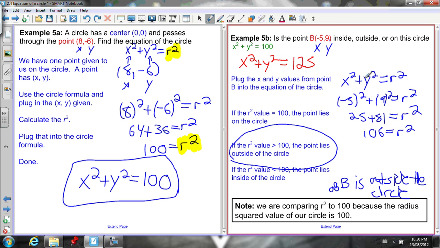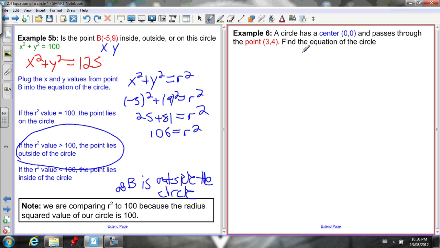When we plug in -5 and 9 into the circle equation, we compare the r squared value to 125. And 106 is less than 125, therefore the point -5, 9 would be inside the circle, because the r squared would be less than the 125. Okay?